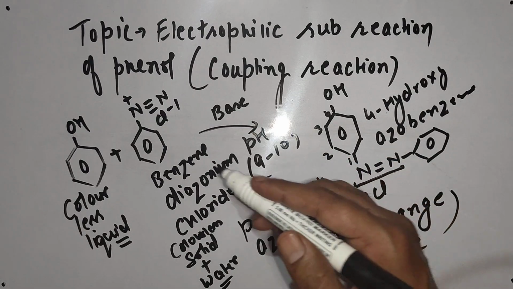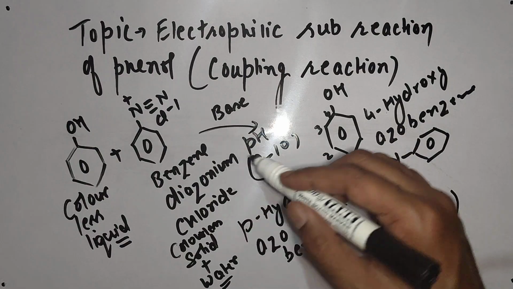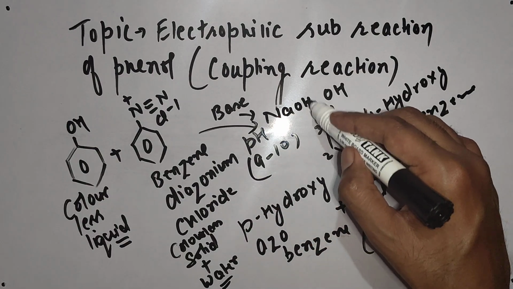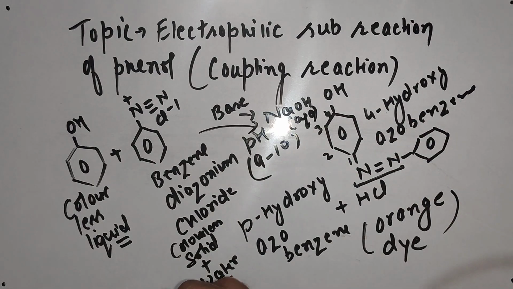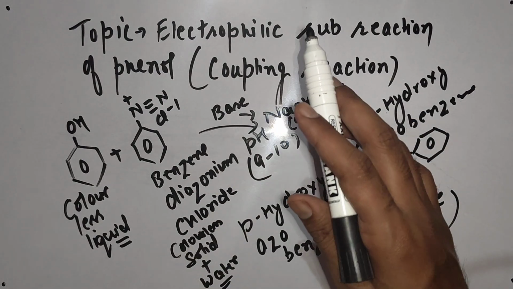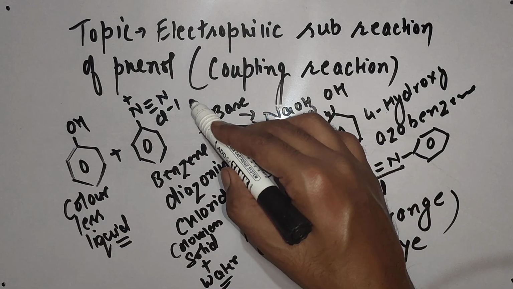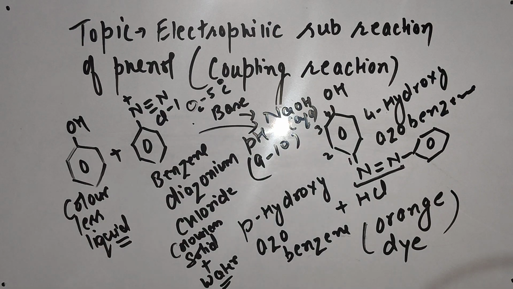You have to dissolve it in water while performing this reaction. As base, you can use aqueous NaOH or aqueous KOH. And the temperature of the reaction will be maintained at 0 to 5 degrees Celsius. Note down these points.